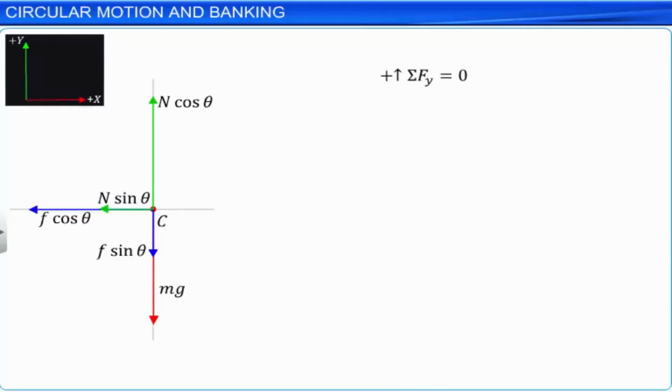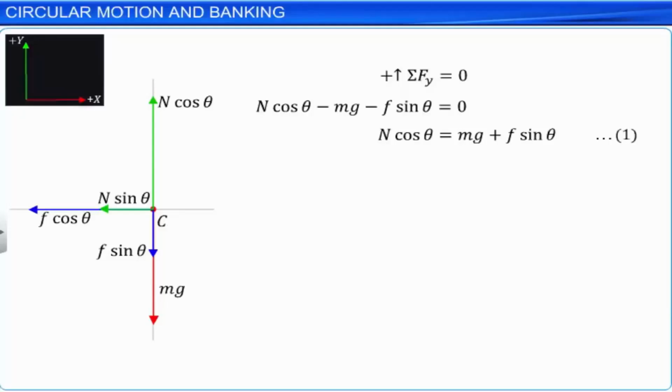Or N cos theta minus mg minus F sin theta is equal to 0. This implies N cos theta is equal to mg plus F sin theta. Let us call this equation 1.